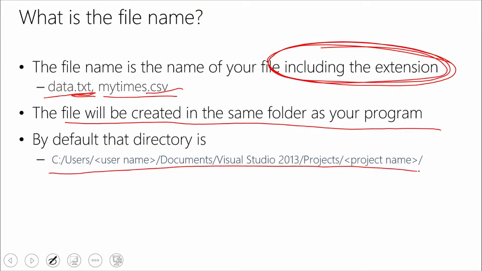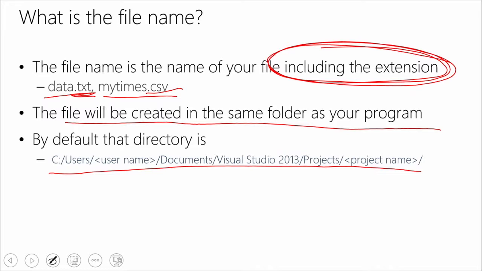The one little tricky part, however, is what happens if we're testing this inside of Visual Studio? Where's that default folder? Well, there is a default with Visual Studio. But what gets a little bit tricky is that that's only the default if you haven't gone in and modified anything, if you're maybe not using source control.